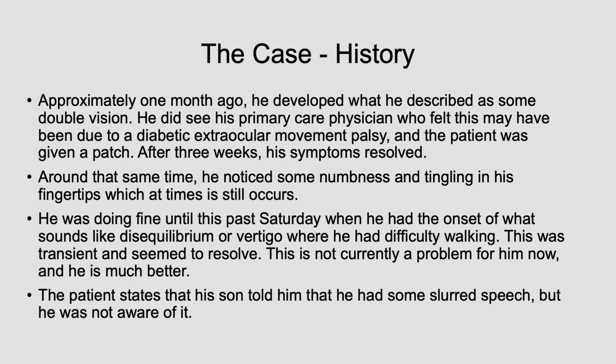He was doing fine until this past Saturday, when he had the onset of what sounds like disequilibrium or vertigo and had difficulty walking. This was transient and seemed to resolve. This is not currently a problem for him now, and he is much better. The patient also stated that his son told him he had some slurred speech, but he was not aware of it.